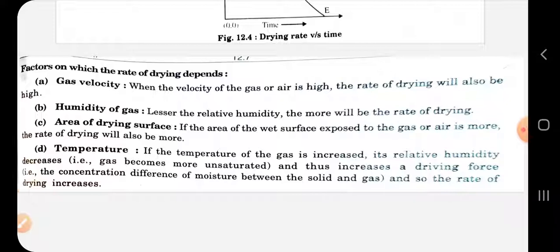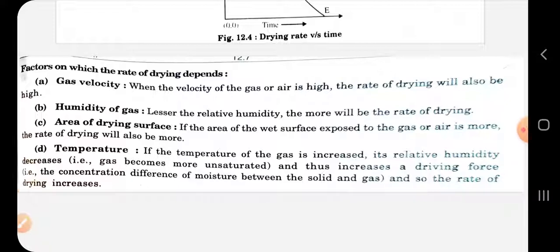So at higher temperature, humidity is less, and as we just now saw the effect of humidity on rate of drying, if temperature is increased, humidity decreases, and the lesser the humidity, the rate of drying improves, and thus the driving force increases, and so the rate of drying increases. So humidity and temperature are again interrelated. A higher temperature will result in lesser humidity, which will help in achieving a better rate of drying.